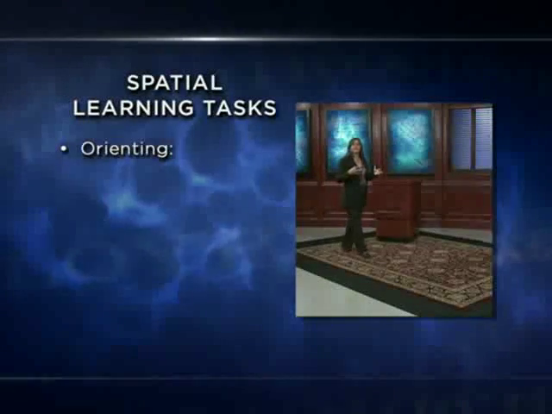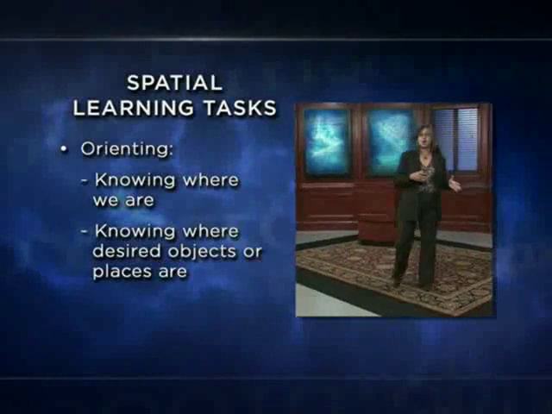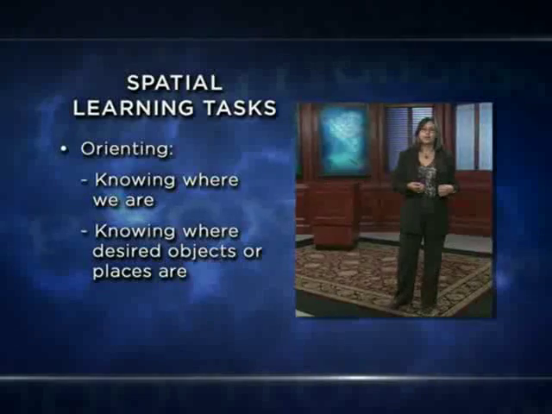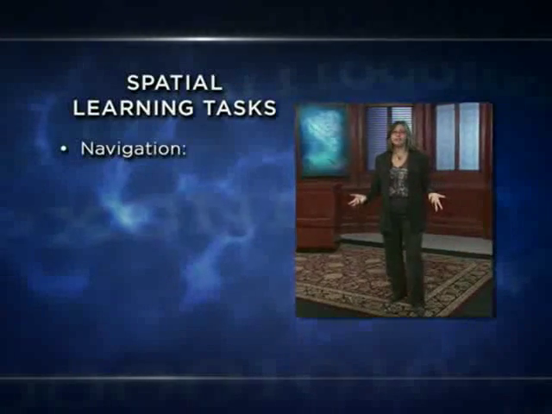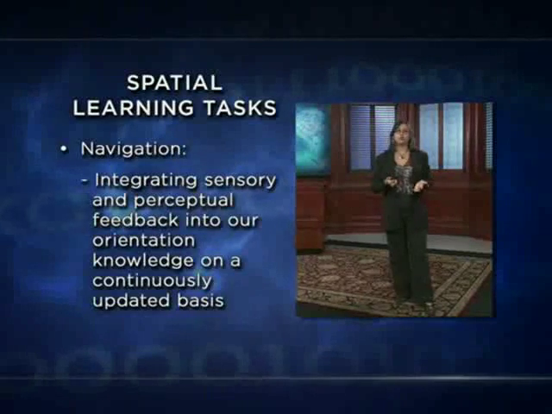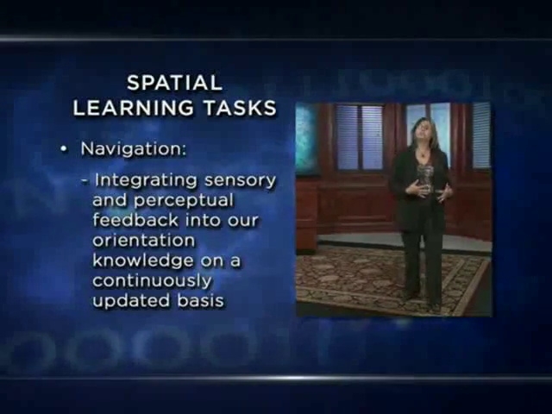And spatial learning allows us to accomplish several important tasks. Orienting, which involves knowing where we are and where desired objects or places are in relation to us and our current position. But we can also navigate using spatial learning by integrating sensory and perceptual feedback into our orientation knowledge on a kind of continuously updated basis.